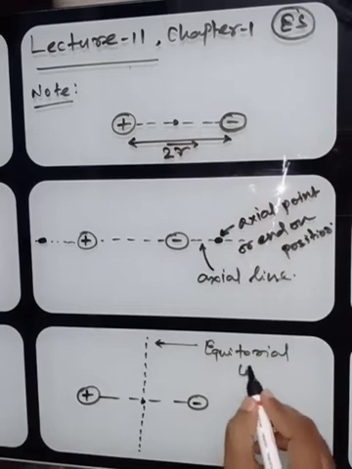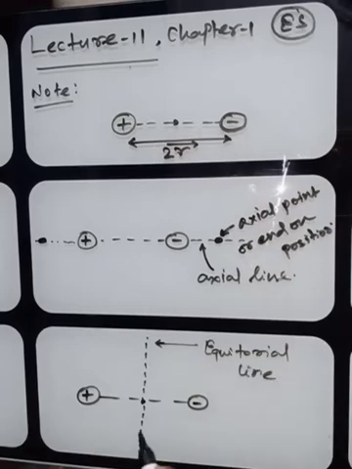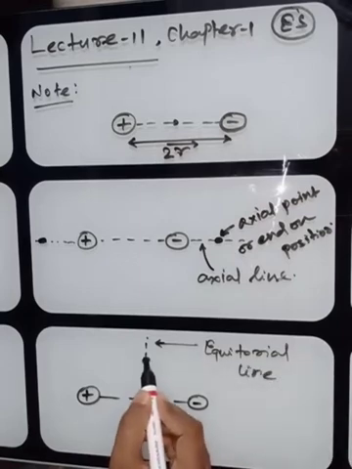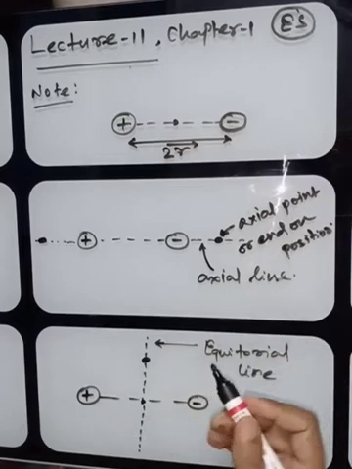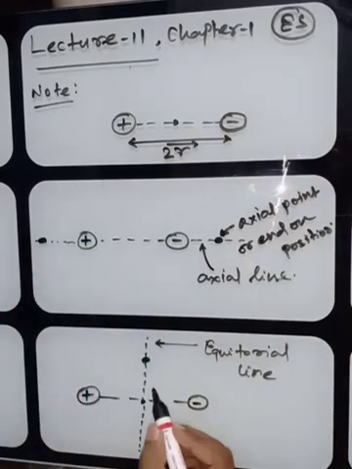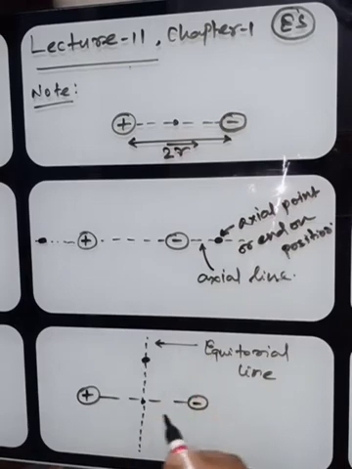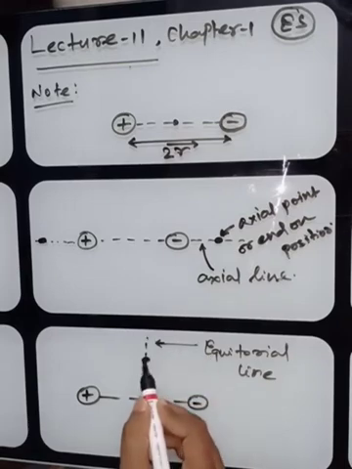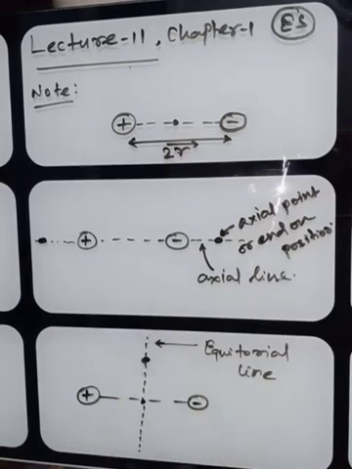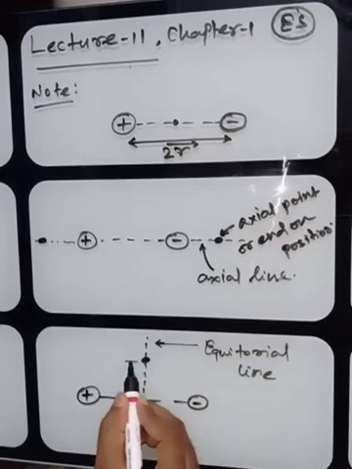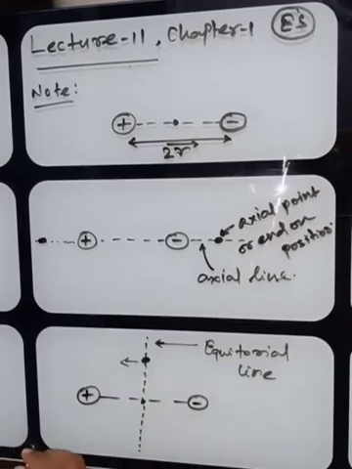Equatorial line. And any point above this line, in geography you have studied the equatorial plane. So this is the equatorial line, and the point over this equatorial line is considered as the equatorial point.